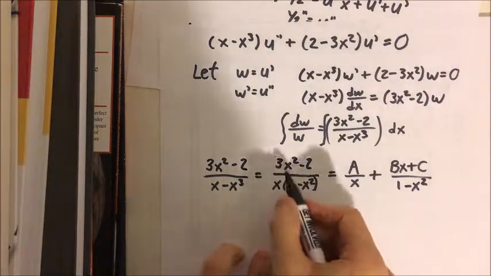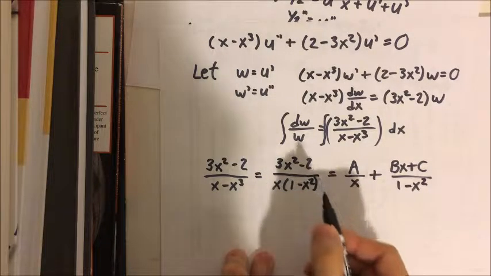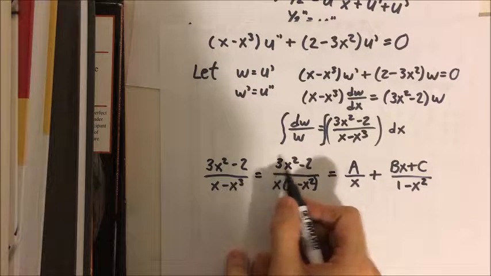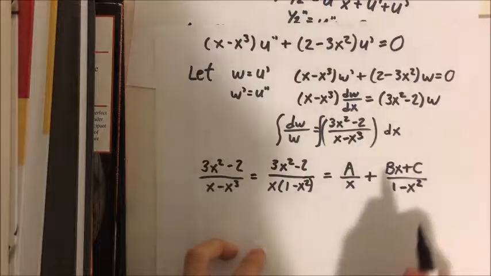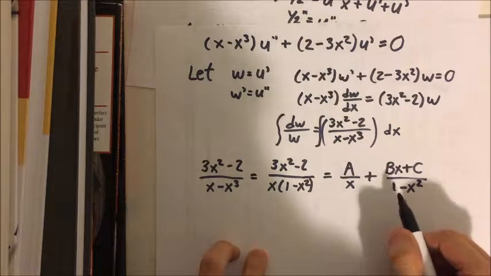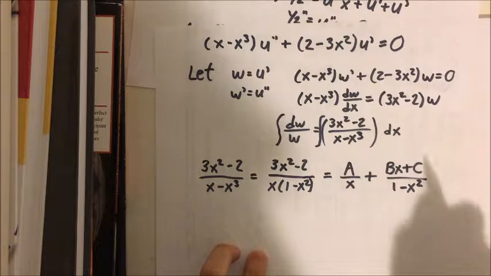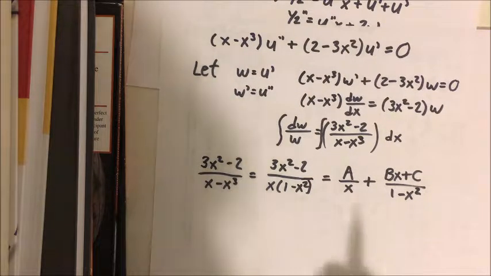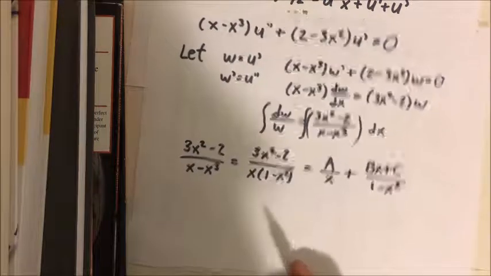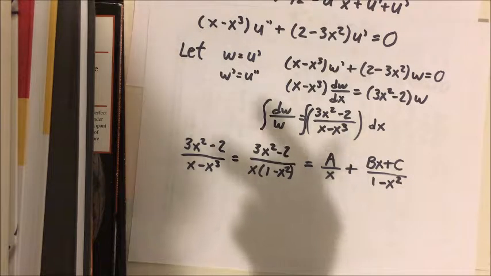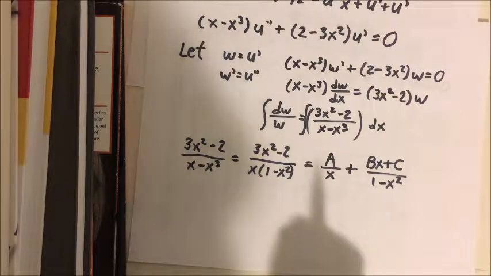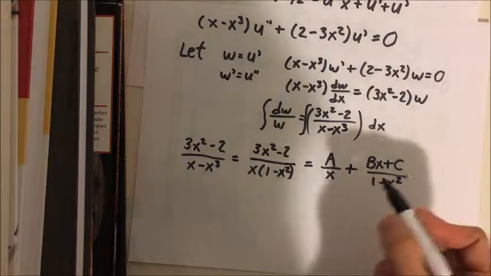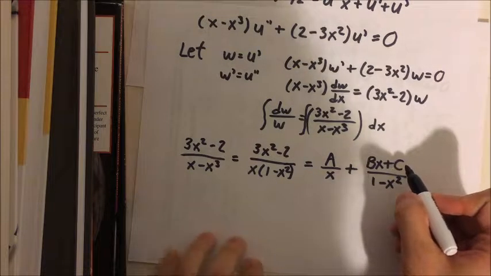Now, if you look at this, we're actually doing something a little clever. So we see over here that we have 3x squared minus 2. This only has a quadratic term and a constant term. Over here, we know that we can factor 1 minus x squared into (1 plus x)(1 minus x), and then we can have basically three variables that we need to solve for. But in this case, it suffices to only have 2 because we're only solving for 2 in the end. So there's not going to be an x term.